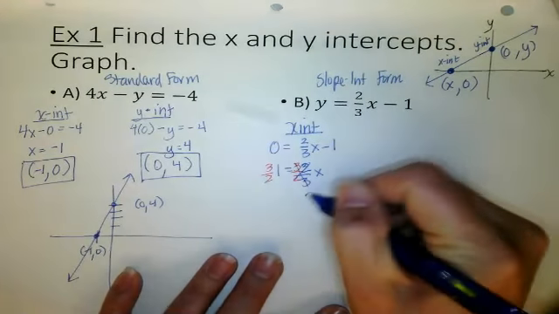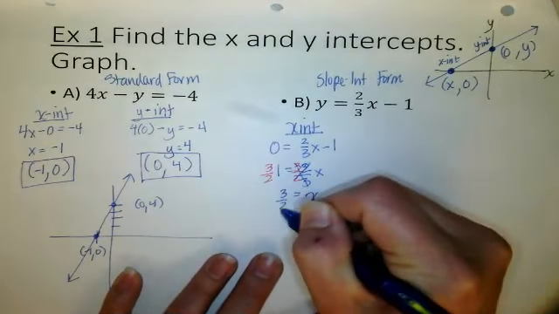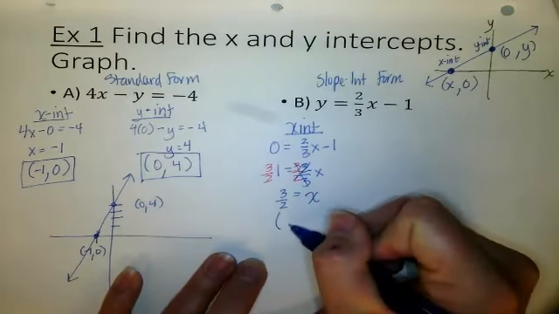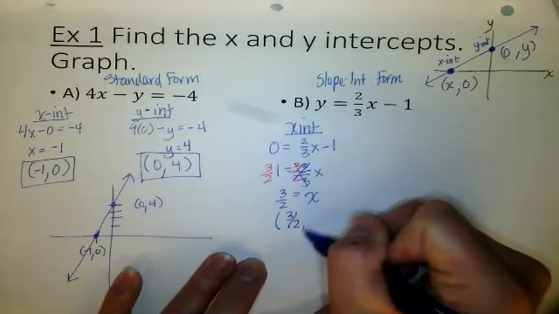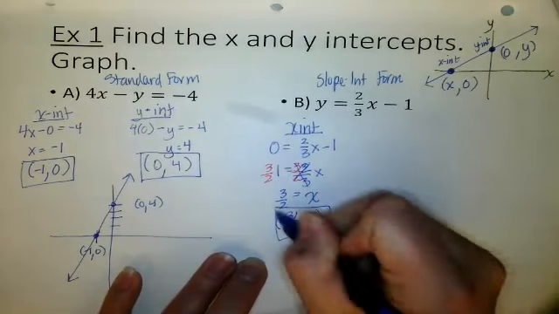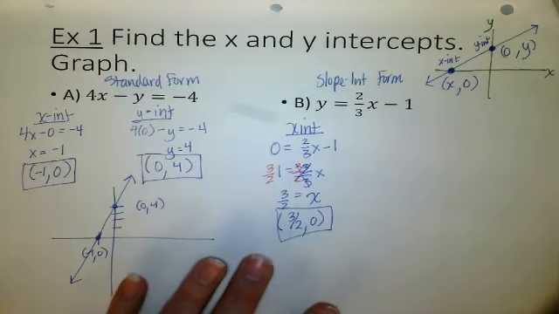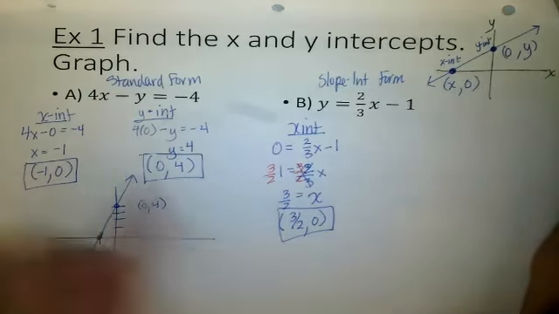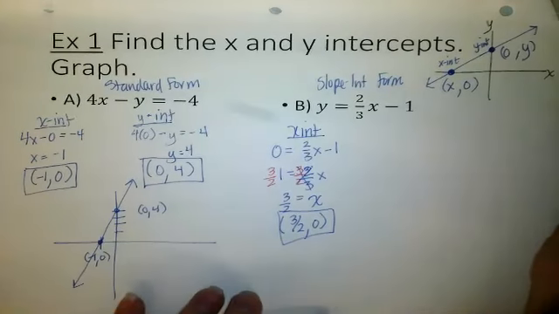Very good. So x equals 3 over 2. My x-intercept is 3 over 2 for x, 0 for y. Finding the x-intercept is not so easy when we're not in standard form, but it's doable.